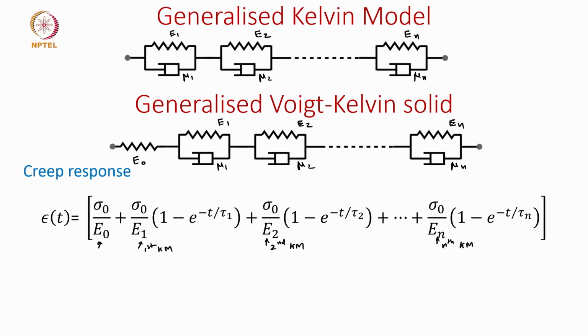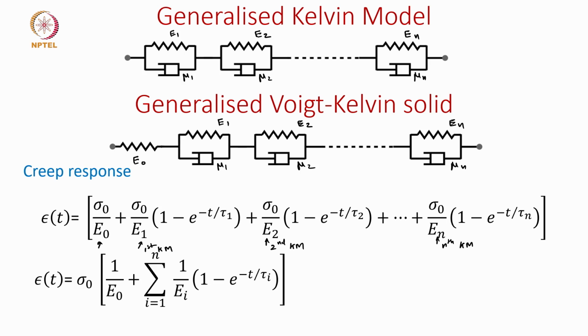This long equation can now be written as a summation with i going from 1 to n, in terms of Ei and tau i, where tau i is the retardation time given as mu i by Ei.